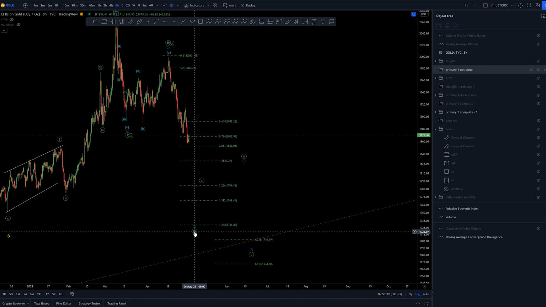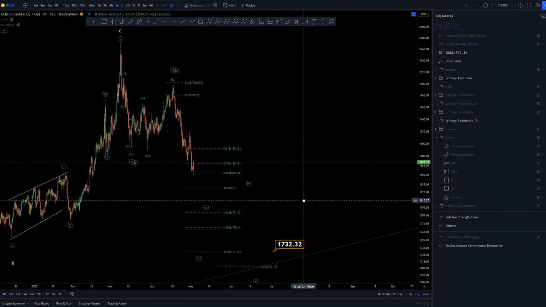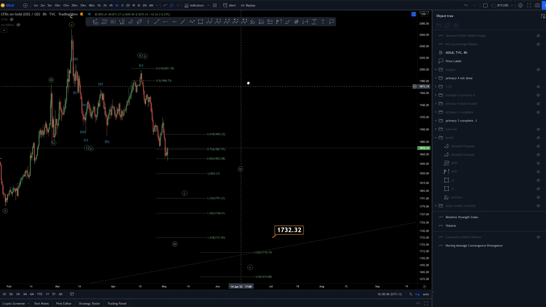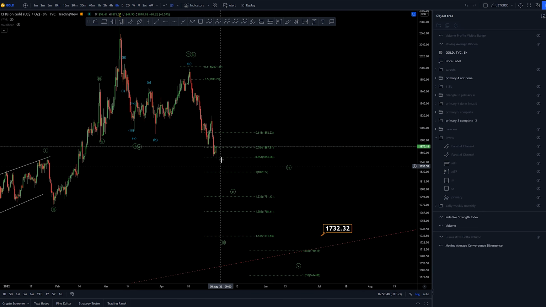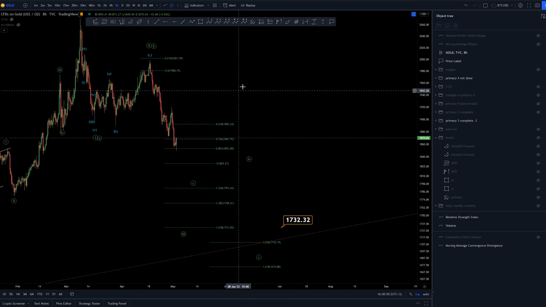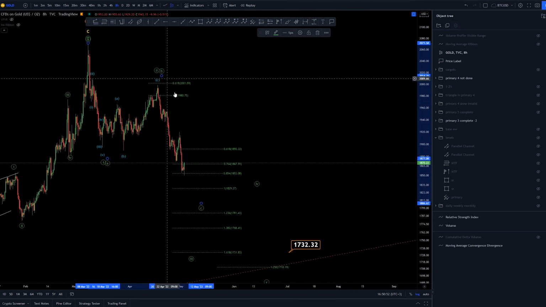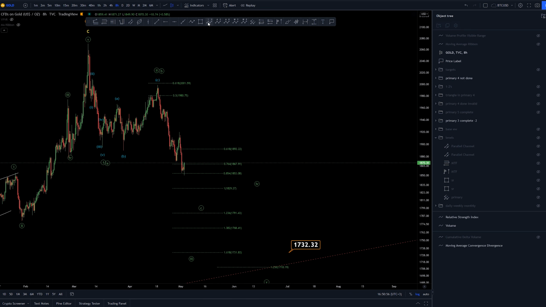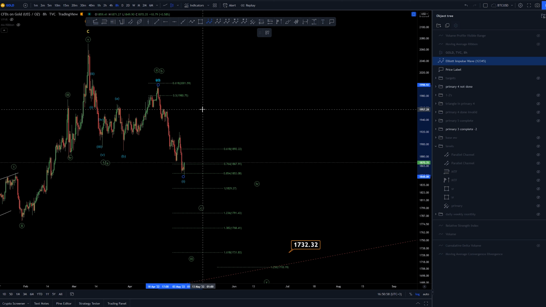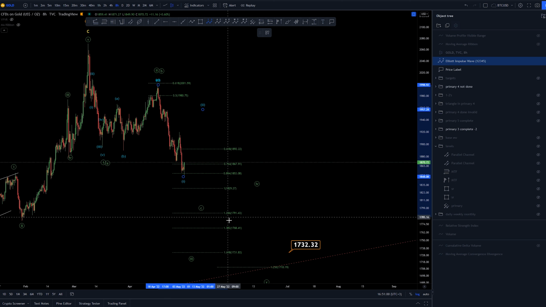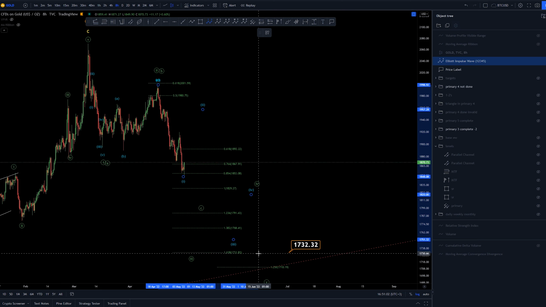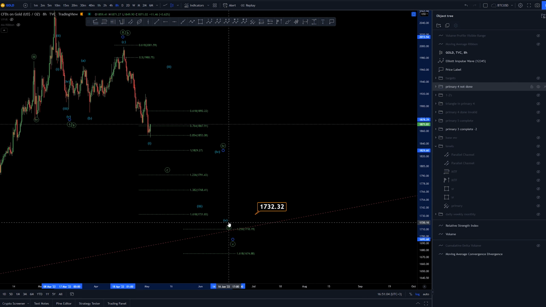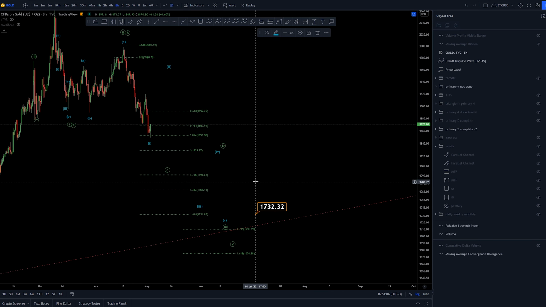The third wave is expected around 1731, and currently looking like, if this is a structure that is not this ABC, this alternate here, this could be just wave 1 of this structure, saying again we would come down here and get to the third around here.